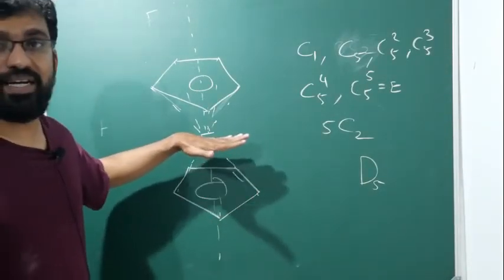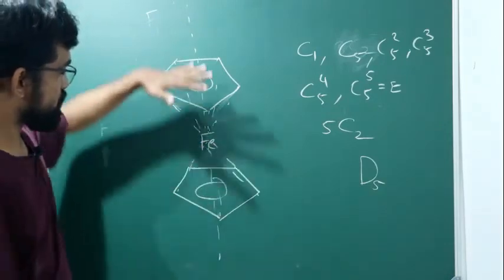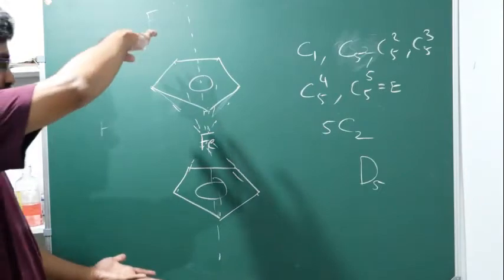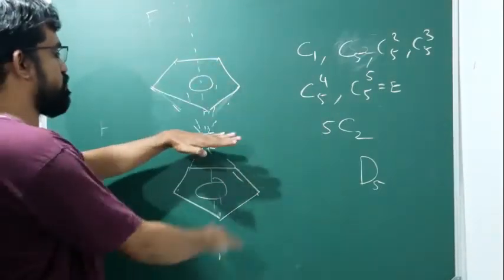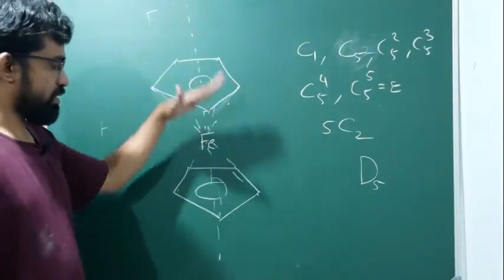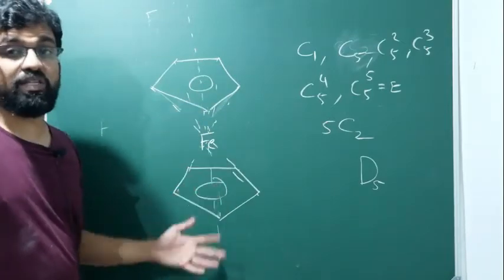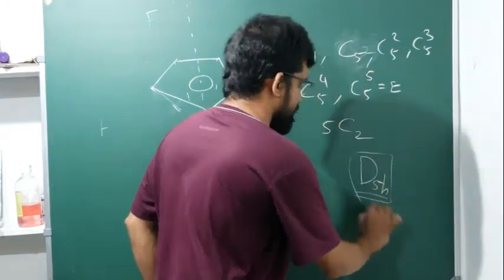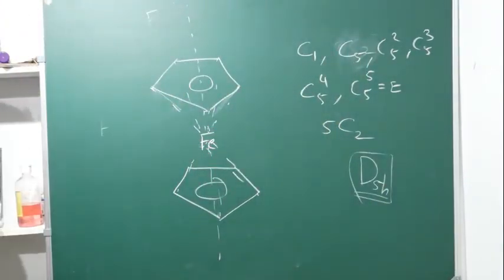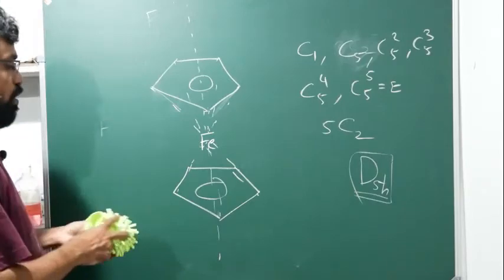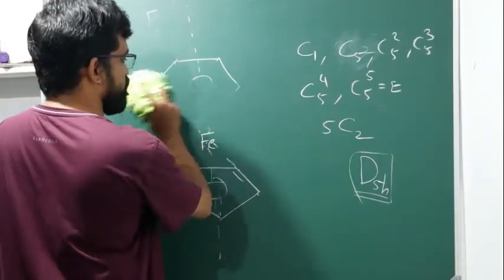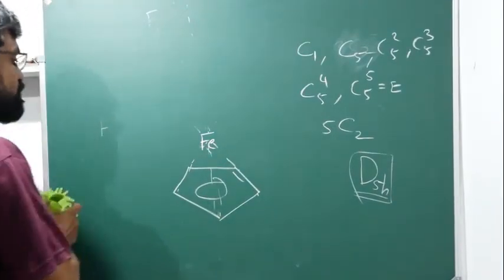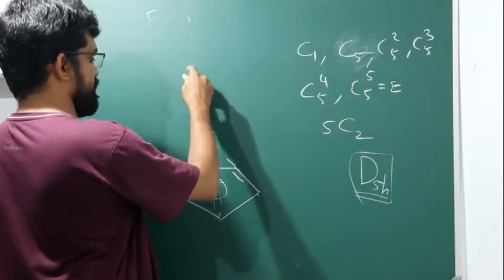You can say that it has a horizontal plane, because these two rings are eclipsed and seem to be mirror planes to each other. So it is there, it is sigma h. But in the case of ferrocene, in the staggered form, its structure is like this.